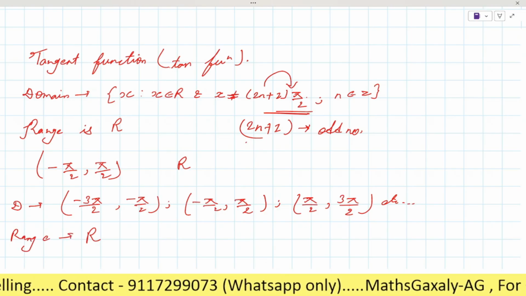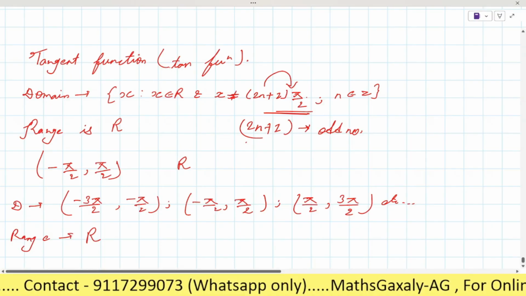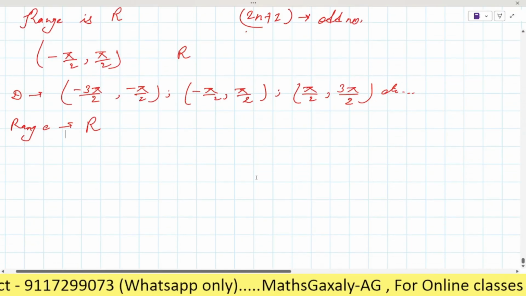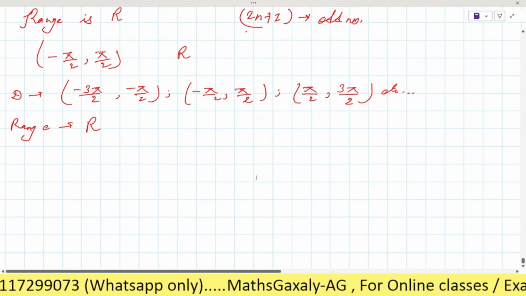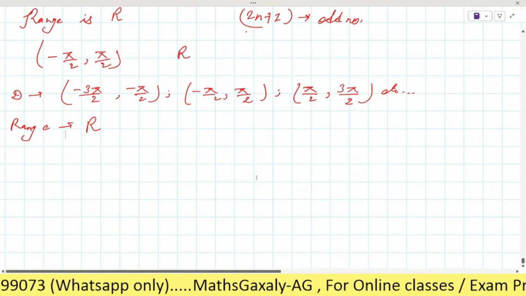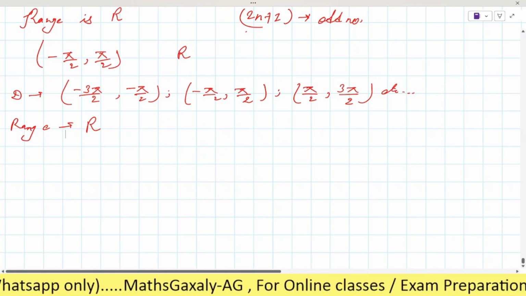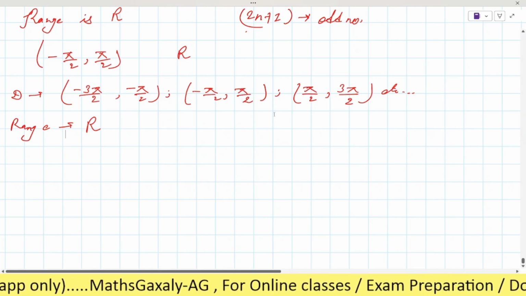Is it clear now? Thus tan inverse can be defined as the function whose domain will be... now here we are interchanging a and b. We have already learned that in the inverse function we just interchange the coordinates.